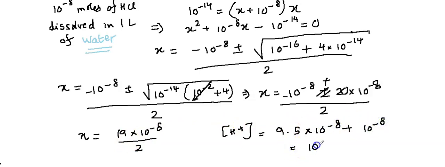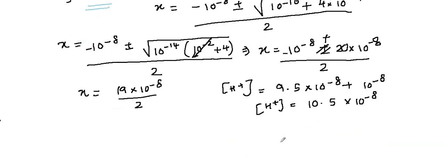So that's 10.5 into 10 power minus 8. And just one more step. So let me rewrite this. This is 1.05 into 10 power minus 7.